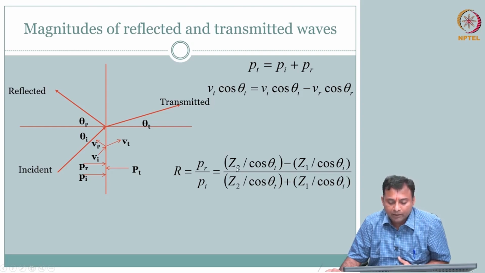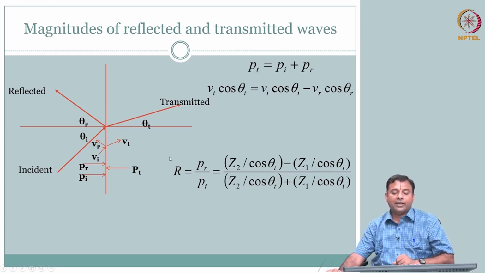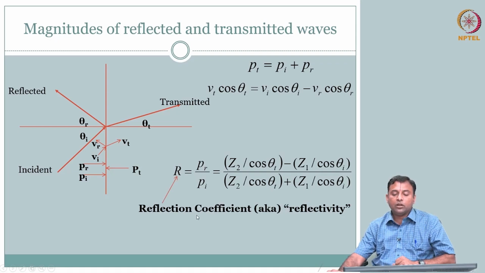In the textbook they write it as Z2 cos theta i minus Z1 cos theta t, divided by Z2 cos theta i plus Z1 cos theta t. Just different forms of writing, but essentially you get the reflection coefficient, the ratio of reflected pressure to incident pressure.